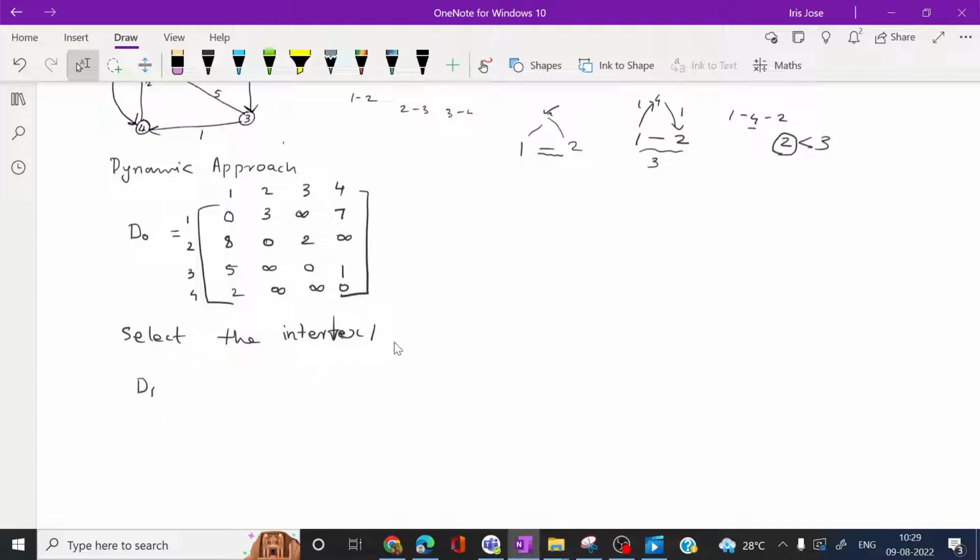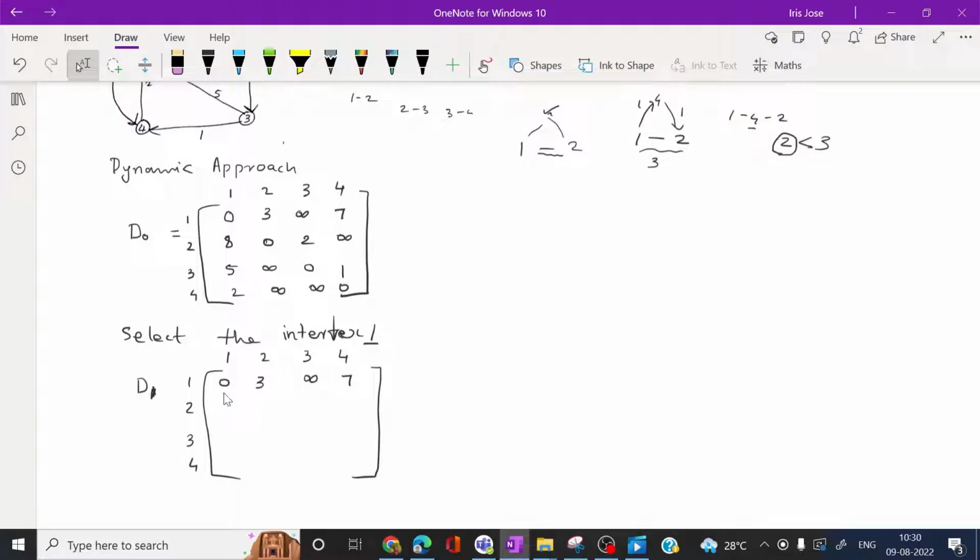We will consider the distance through 1. If we consider the distance through 1, we will keep the first row and first column of the matrix unchanged. So here we write 1, 2, 3, 4, doing this for intermediate vertex 1. The first row 0, 3, infinity, 7, we will keep the same values, and the first column also we keep the same set of values: 0, 8, 5, 2. The remaining values we have to fill.